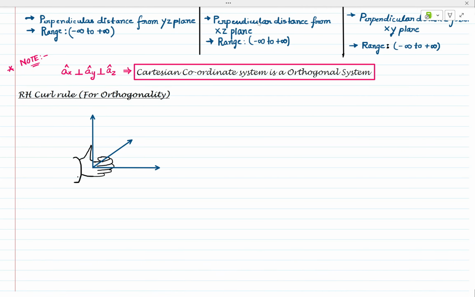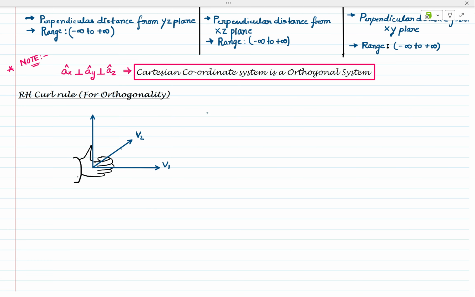Now, if this is our right hand and I cross product two vectors, this is vector 1 and this is vector 2. When I do the cross product, I take those two vectors in my four fingers, except the thumb.